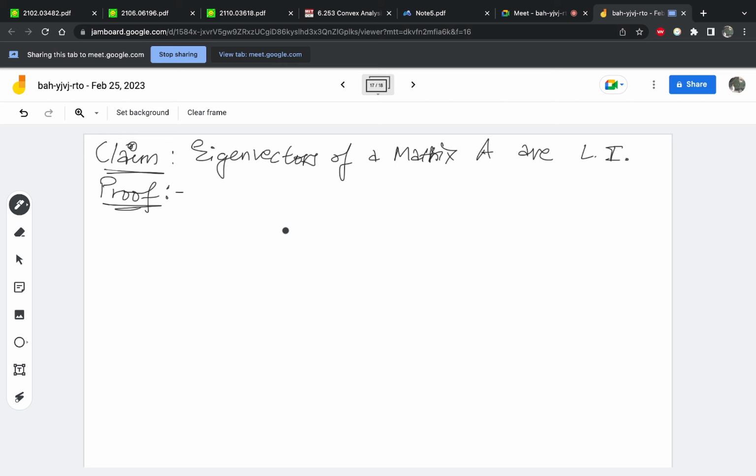Maybe we can start from the definitions and see. Just start writing down Ax equals lambda x. Okay, so let's say you have something like this, just two for example.